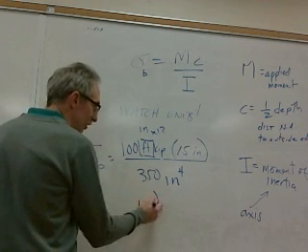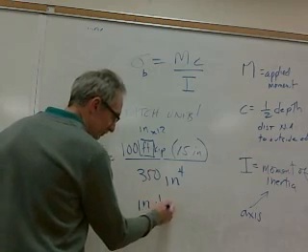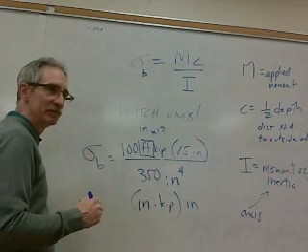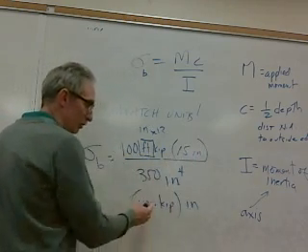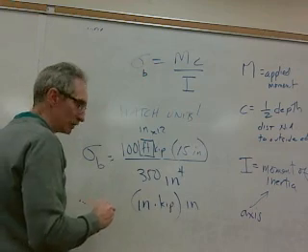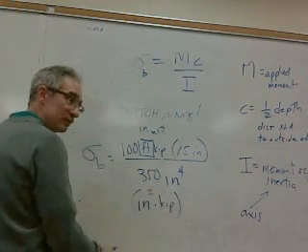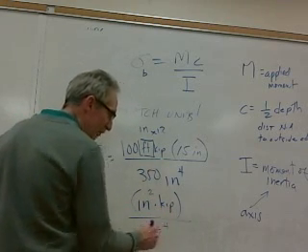Inch kips times inches. What does that give me on the top? Inch squared kips, divided by, on the bottom, inches to the fourth.